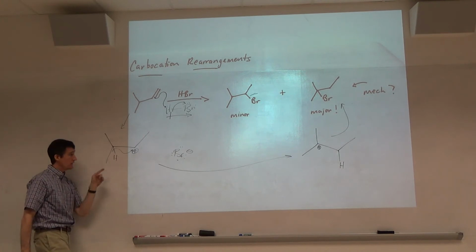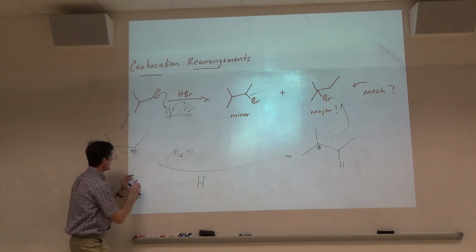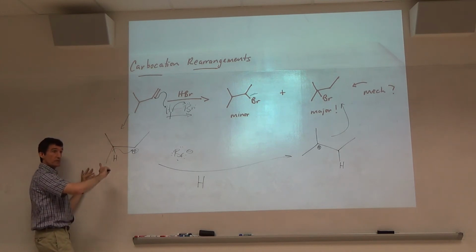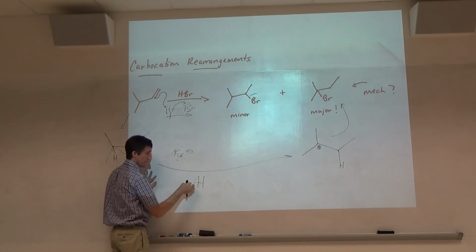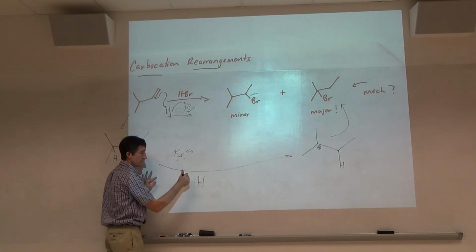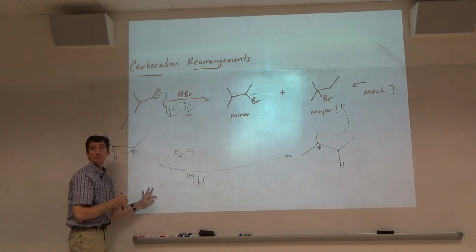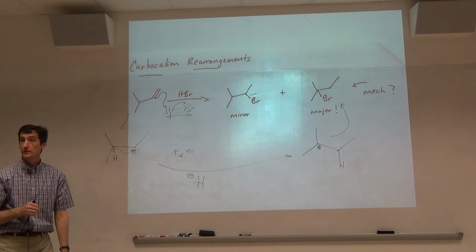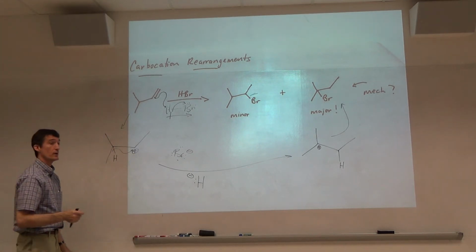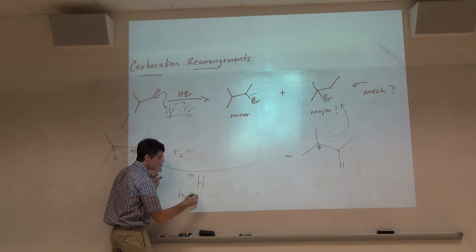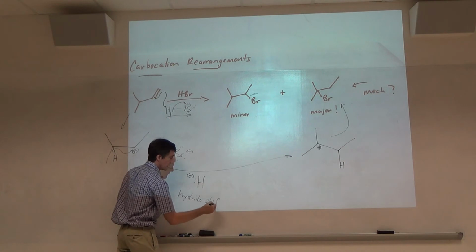Call it hydride, because not only did the H, how many electrons moved over? Both electrons in the bond. So it's like H here, and that's a minus charge, and what do we call H minus? What do you call Cl minus? Chloride. What do you call H minus? Hydride. This is called a hydride shift.